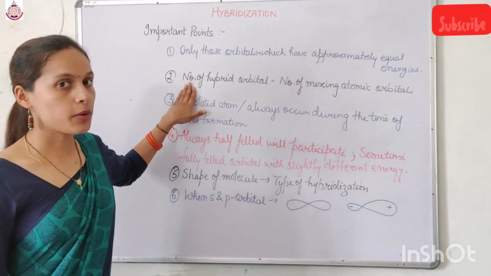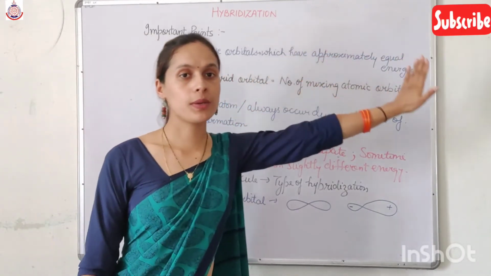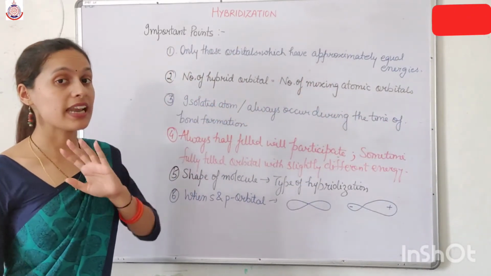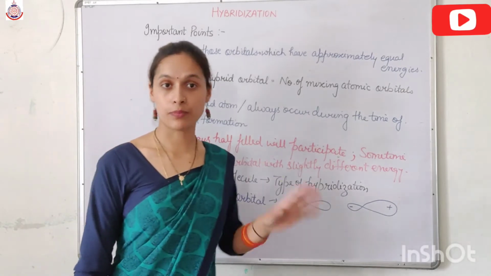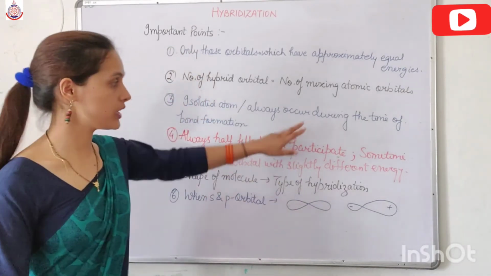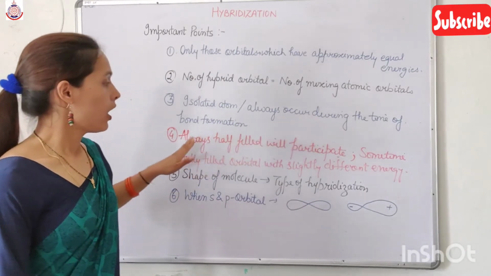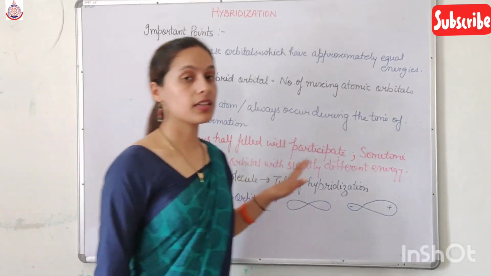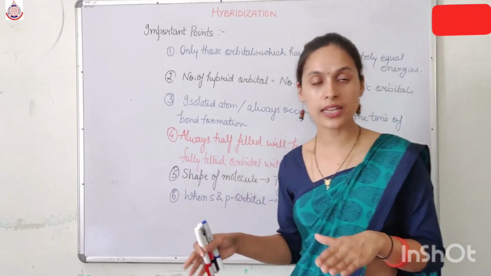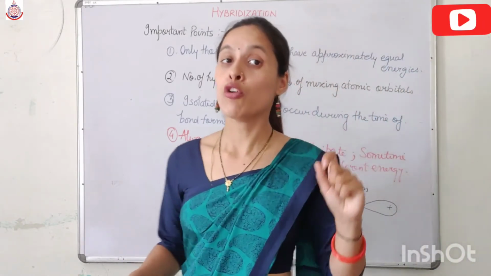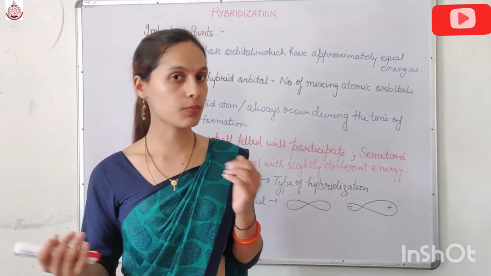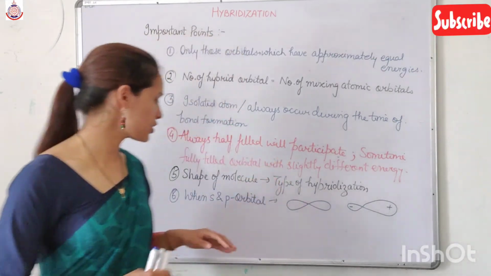The number of hybrid orbitals is equal to the number of mixing atomic orbitals. Hybridization never occurs in an isolated atom; it always occurs during bond formation. It is not necessary that hybridization always occurs in half-filled atomic orbitals. Sometimes fully filled atomic orbitals with slightly different energy can also participate in hybridization.